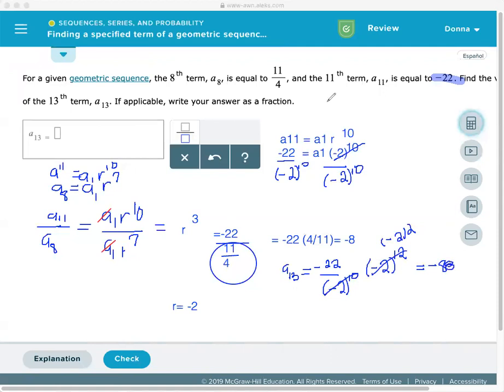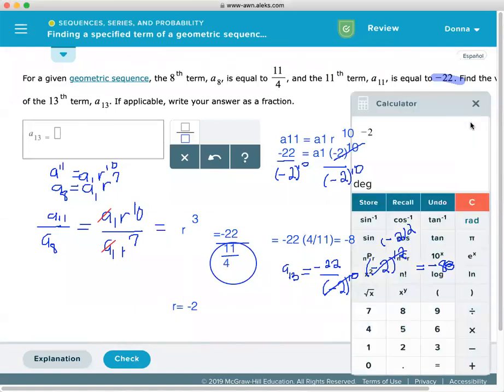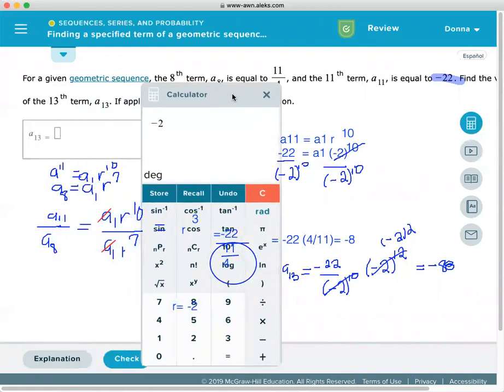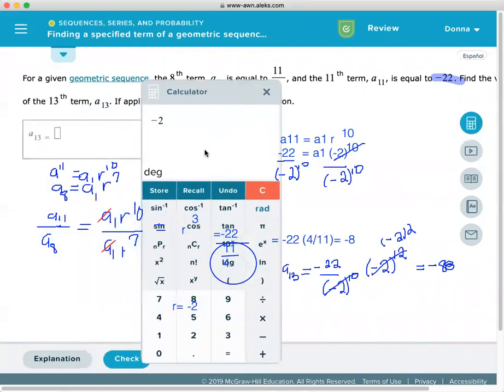And sure enough, if you use the ALEKS calculator and you take negative 22 times negative 2, I don't know if it'll let you put in something that big.